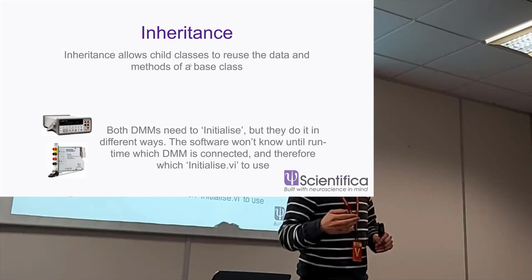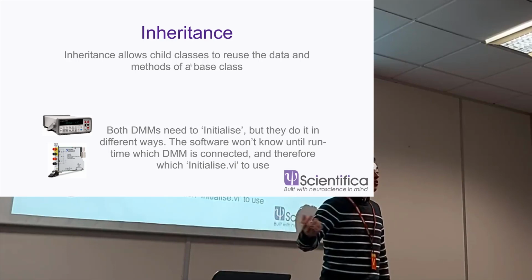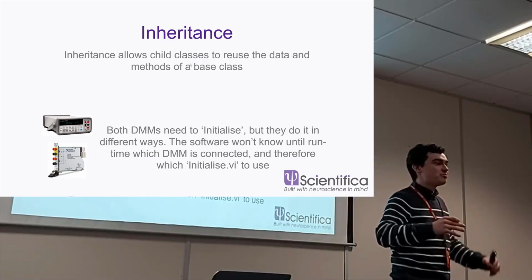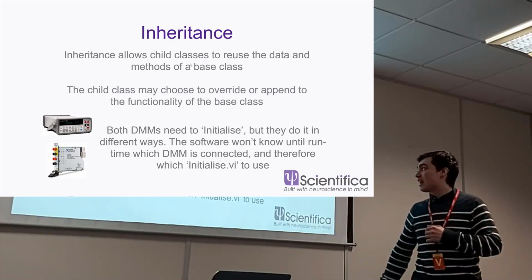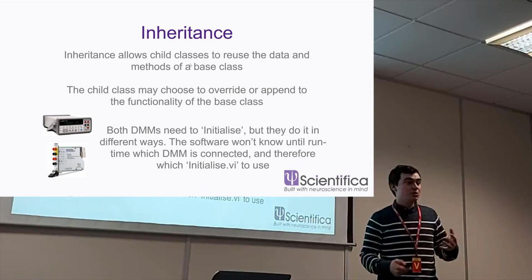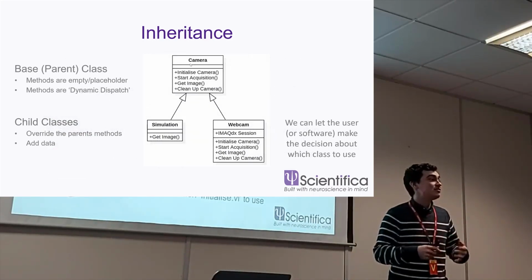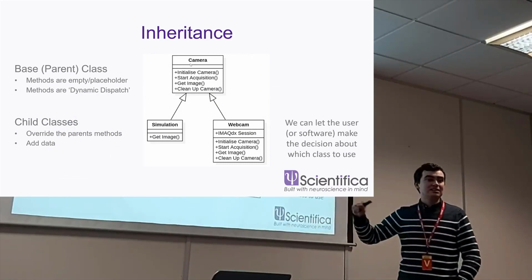It's only later on, when we get budget approval for, let's say, the Agilent DMM, that we create another class and have it inherit from that abstract DMM class. Once we have that child class, we can then add in that functionality. Let's take this as another example.